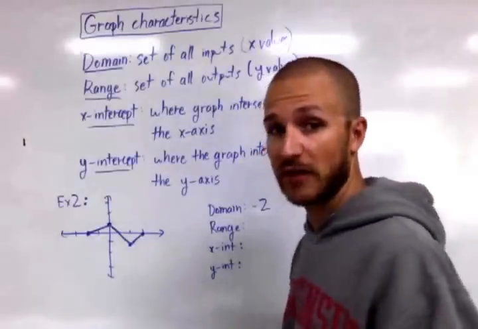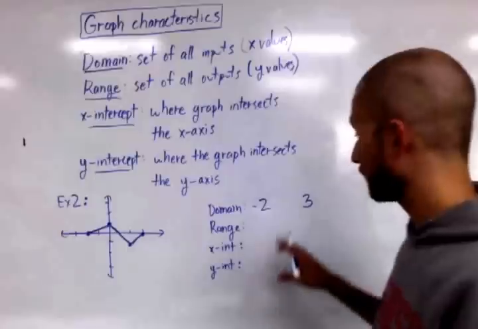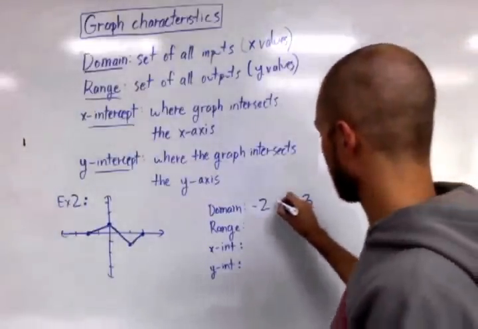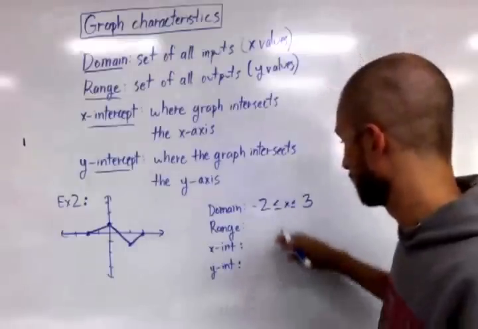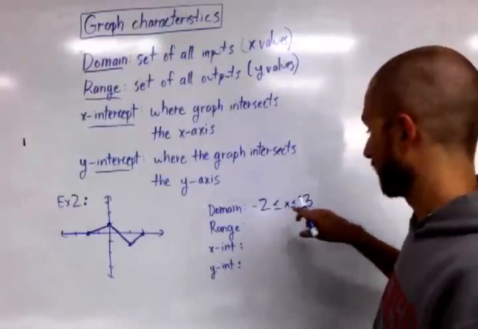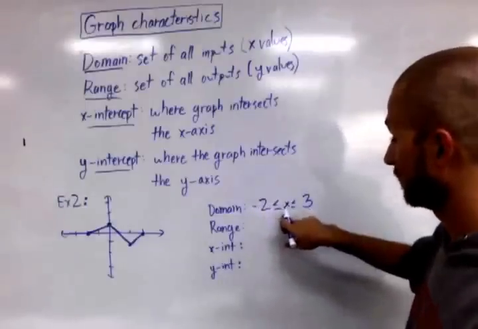So I have 3 as my largest possible, and now the best way probably to write this mathematically would be a few inequalities. Right? So this means that -2 is less than or equal to x.